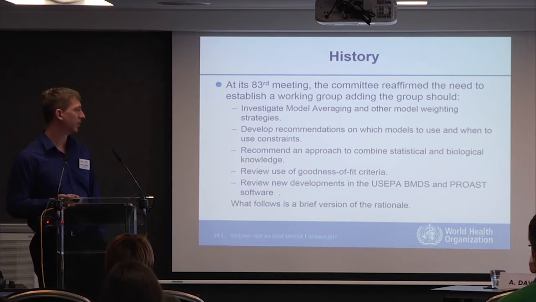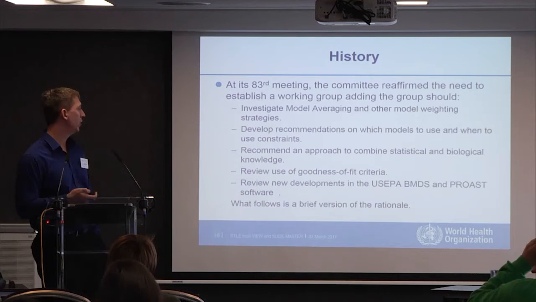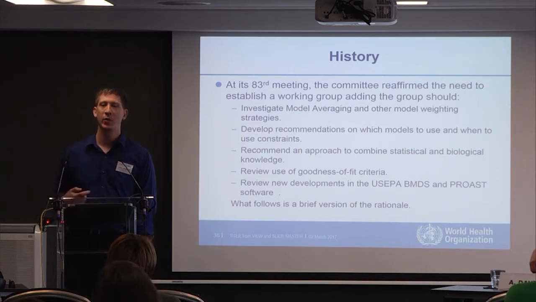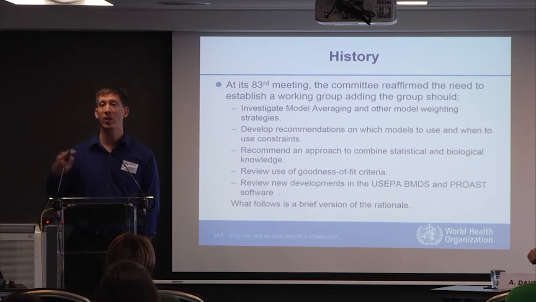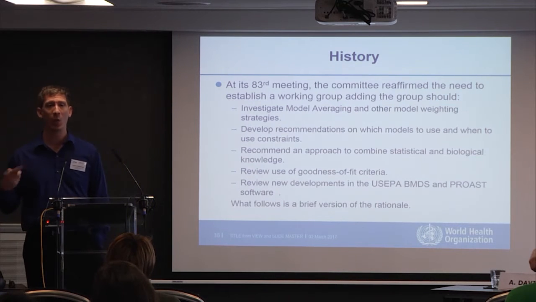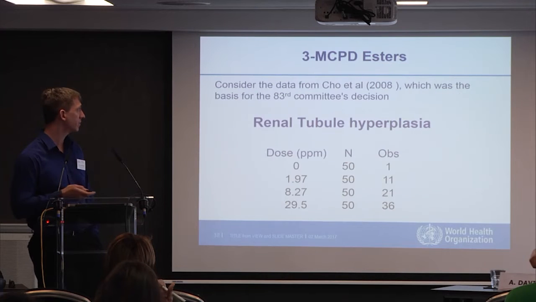Review the use of goodness of fit criteria and review new developments in the software, so BMDS as well as PROAST. And so what follows is a brief version of that rationale, what happened at the 83rd meeting.